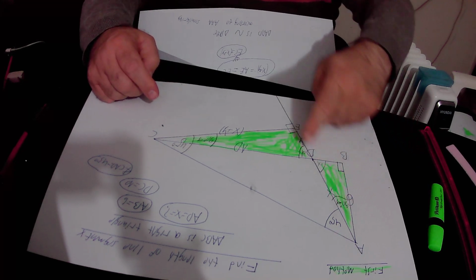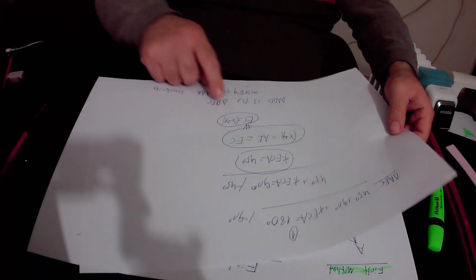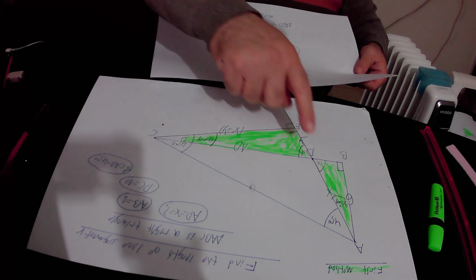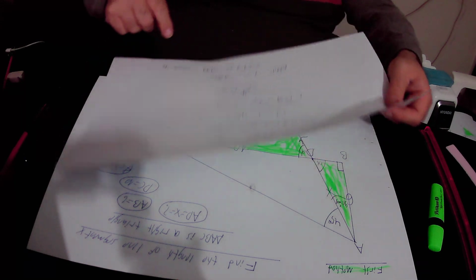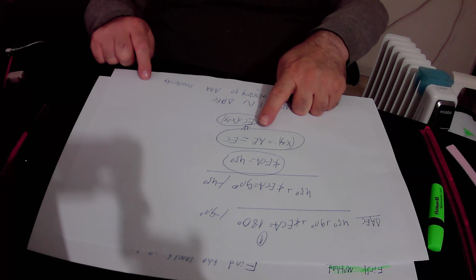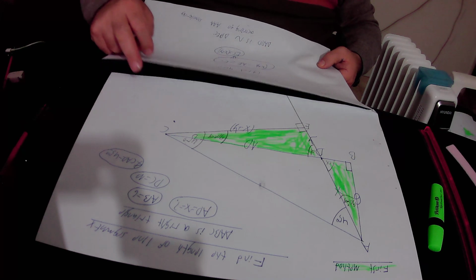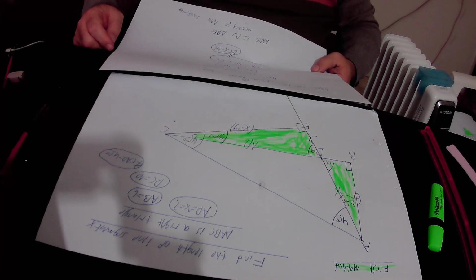That is to say, AE equals EC. But AE equals X plus Y. So from this equation, X plus Y equals AE equals EC, we derive that EC is also equal to X plus Y.